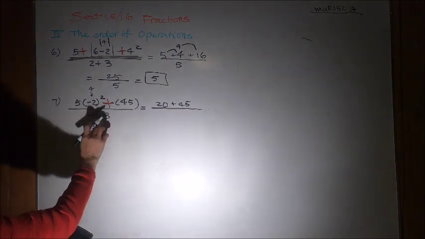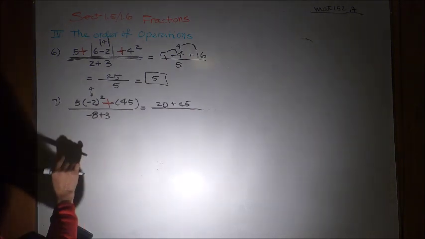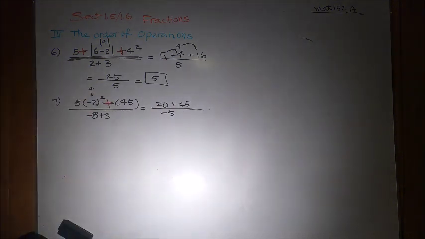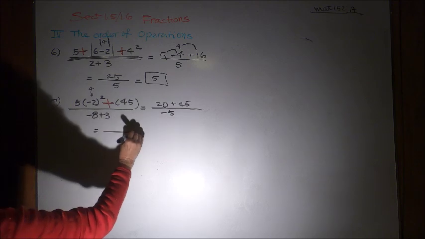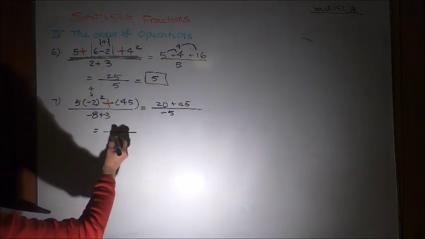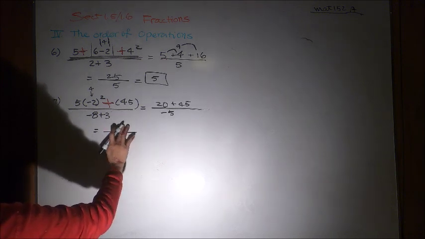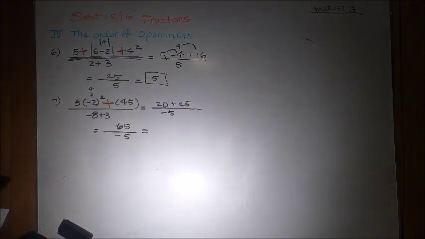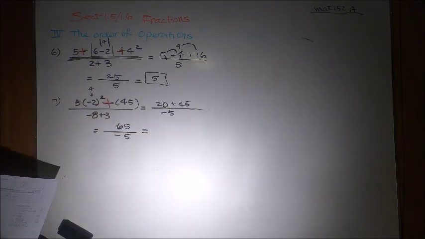The bottom is what? Negative 8 plus 3, which is negative 5, right? Then we simplify it. Top 20 plus 45 is what? 65. Then divided by negative 5. Positive divided by negative is... Is that 65?